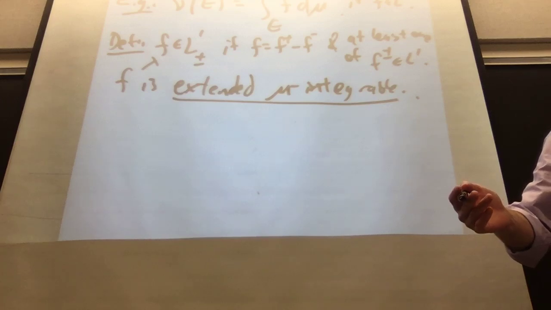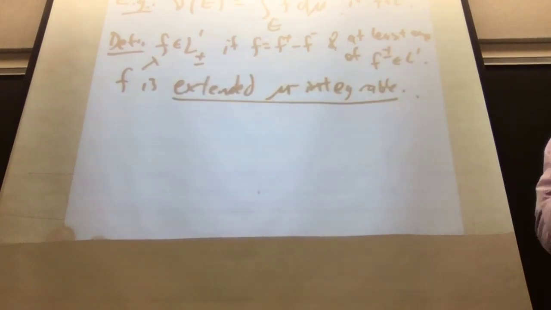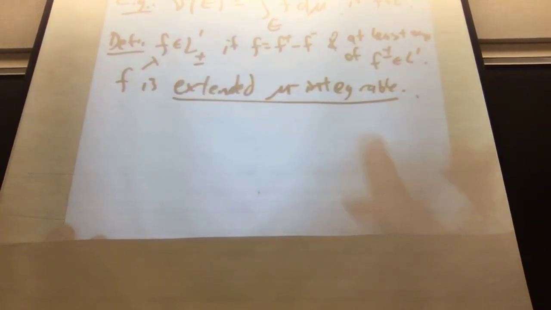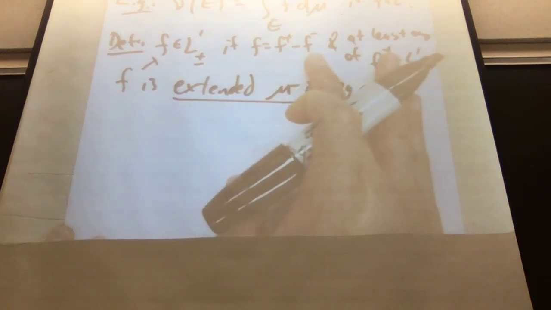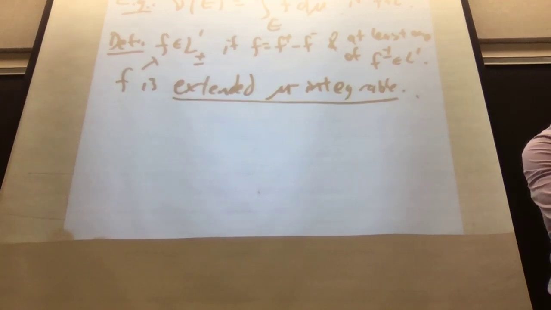All kinds of things get very bad if you don't force at least one of these to be finite. It's okay to have the total integral be minus infinity if f minus is not in L1, but make f plus in L1.